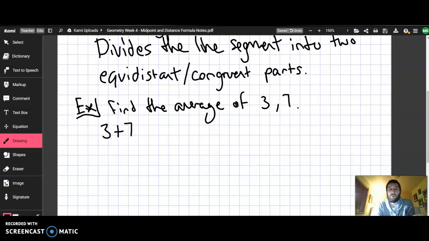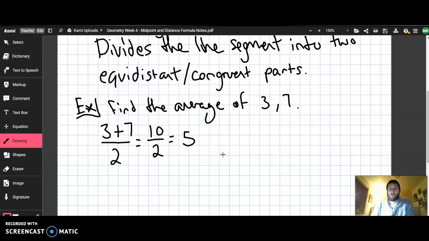And since there's only two numbers, we divide by the number of numbers there, in this case 2. So the average of 3 and 7, the number in the middle of 3 and 7, is the same thing as 10 divided by 2, which is 5. And as you probably intuitively guessed, 5 is between 3 and 7.